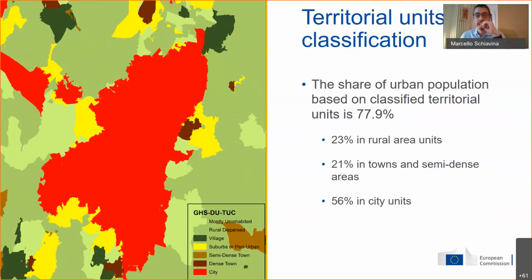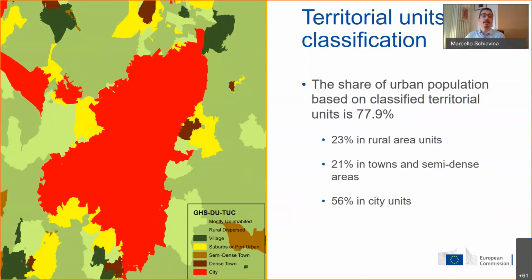Then we used the settlement grid and the population grid produced at 50 meters as input for the GHS territorial unit classifier. And we produced a classification of all territorial units according to the degree of urbanization.